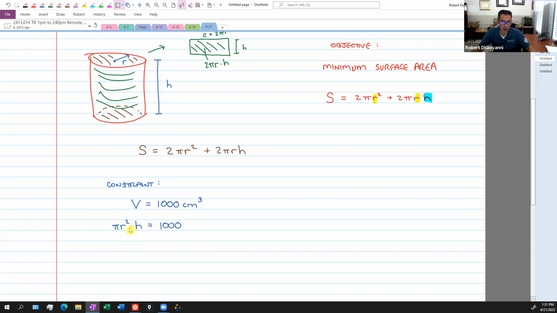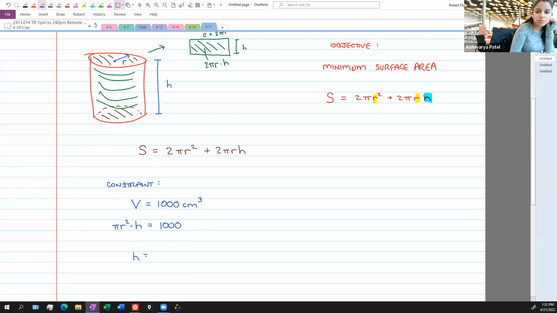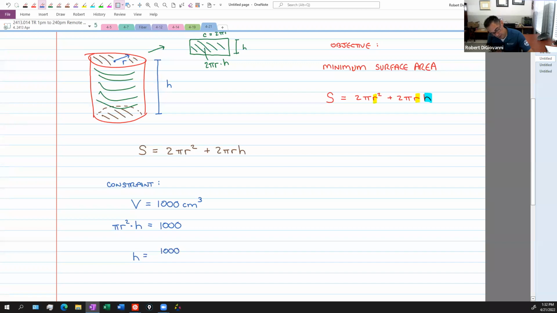I can solve this equation for either r or for h. It's up to you. Looking back at this, what would you rather have in here? Would you rather replace the h or would you rather replace the r? Or look at here, what would you rather solve for, h or r? H probably, right? Because if you solve for r, you'll have to take a square root. So I'm going to try and avoid that. So if I solve for h, I'm going to take the 1,000 and divide it by pi r squared, right?